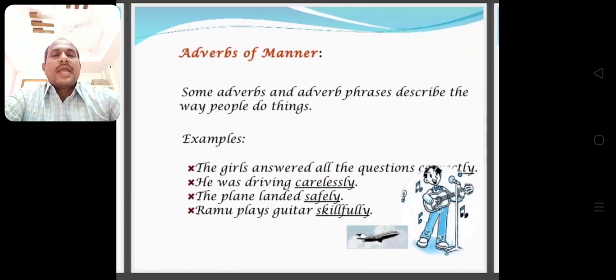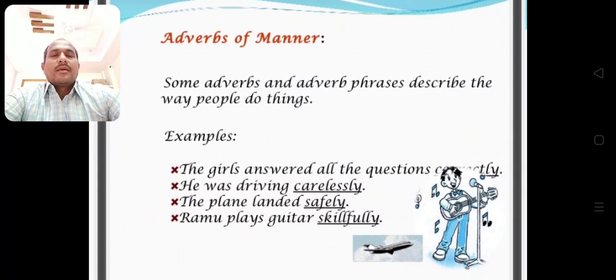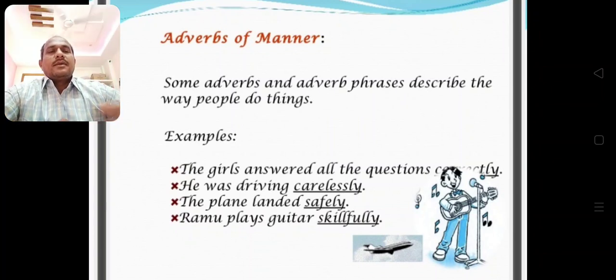Then adverbs of manner. Some adverbs and adverb phrases describe the way people do things. The adverbs of manner describe the way people are doing things. For example, the girls answered all the questions correctly. What is the way?